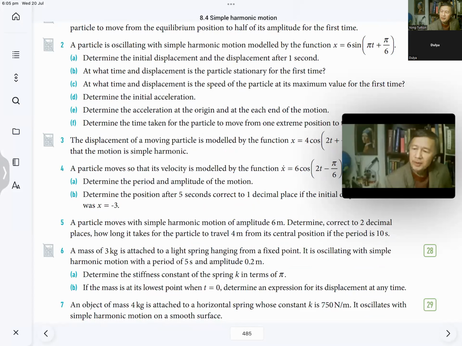From this formula, can you tell me what the period is for this oscillation, or simple harmonic motion? Using b equals 2 pi over T.